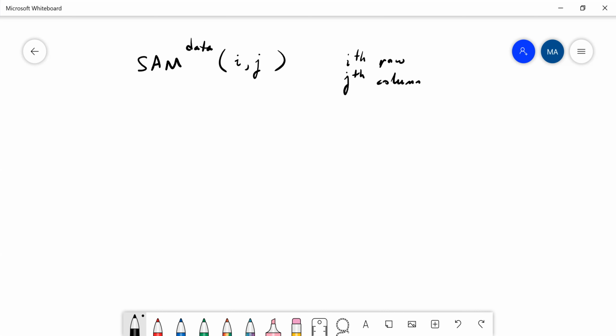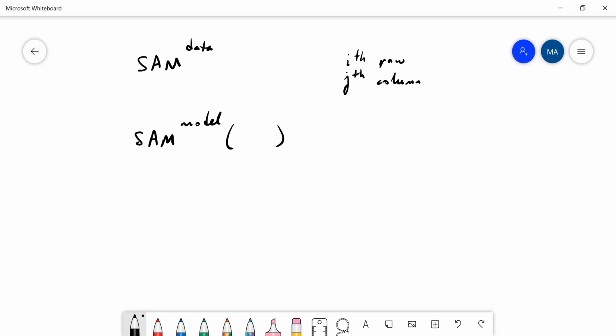Now this is just data, numbers, right? This is just data, numbers. And then you also have the theoretical SAM. Okay, you also have a theoretical SAM. This is not very good notation because I got to define this as a function.